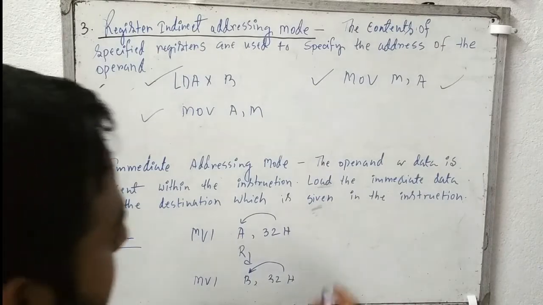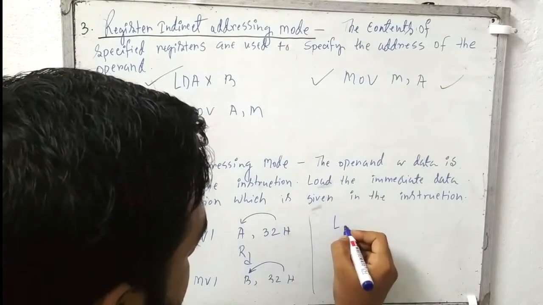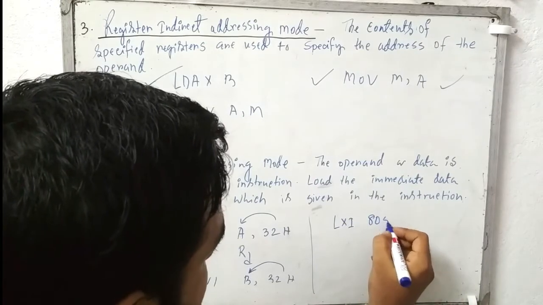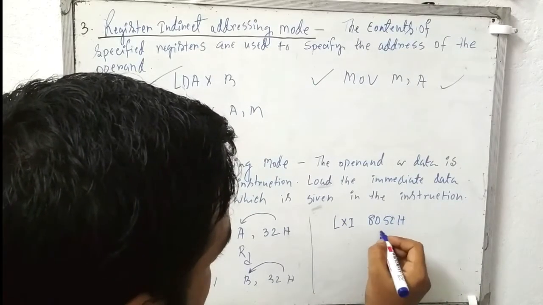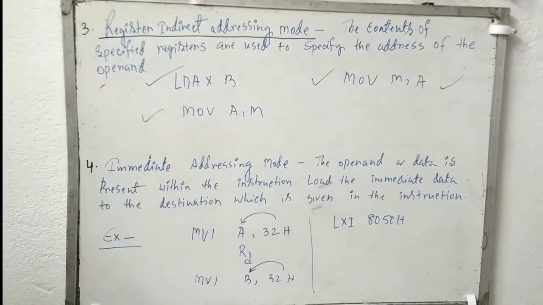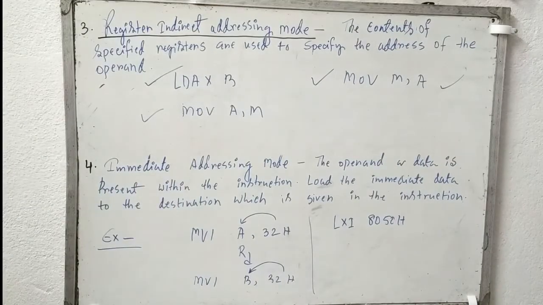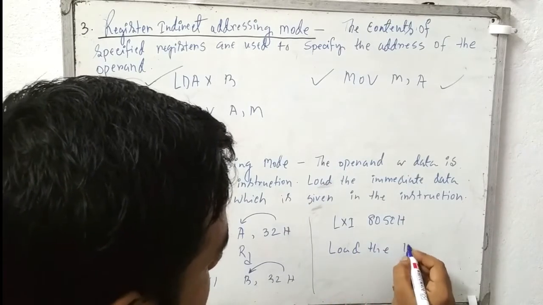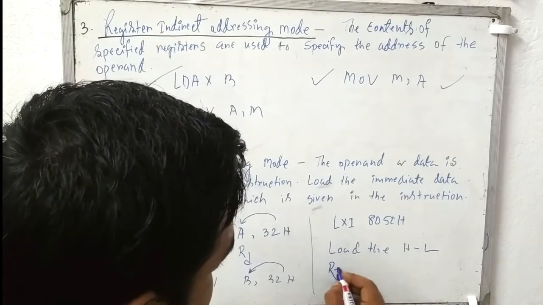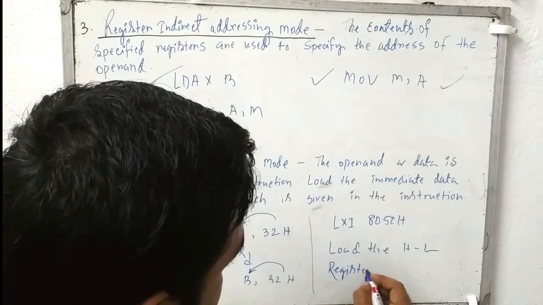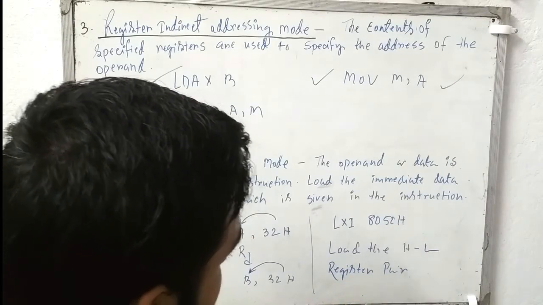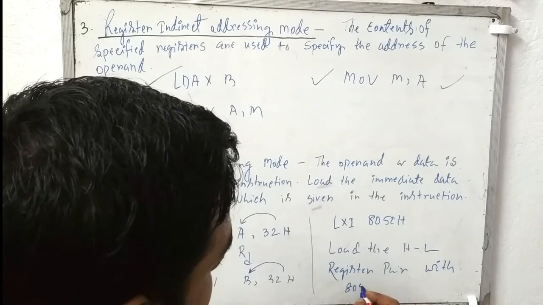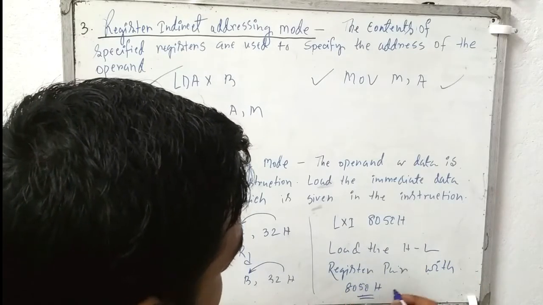If I take another example, LXI with this address location. What does it mean? That means load the HL register pair with this address location.